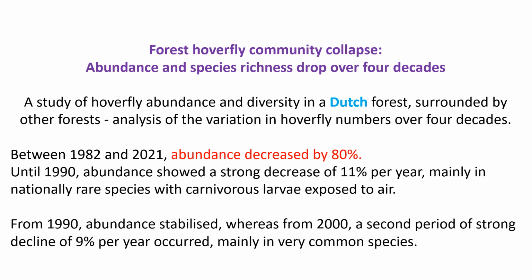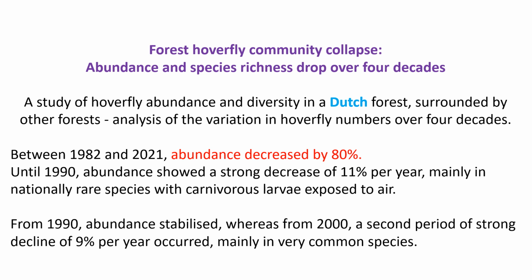Now it's isolated from farmland, so one would hope that the sort of effects from farmland is ignored effectively, and it does show this huge decrease in abundance of hoverflies of 80% in that period. But it's not just a straight decline.